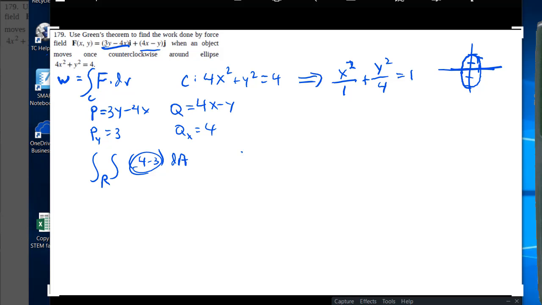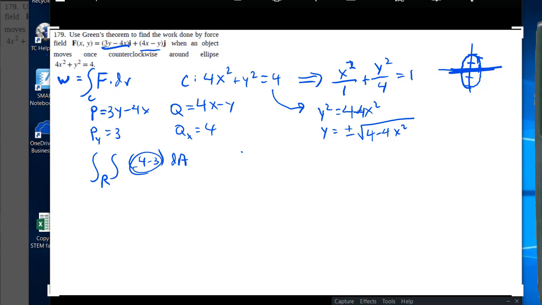We'll split this thing in two, do the top half. The top half, according to this, y squared is 4 minus 4x squared, and y then would be plus or minus the square root of 4 minus 4x squared.